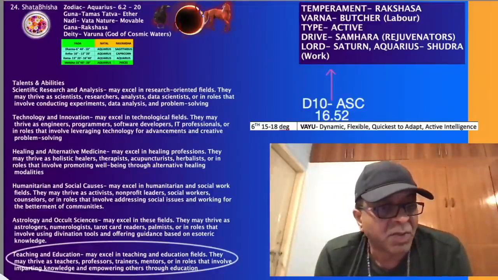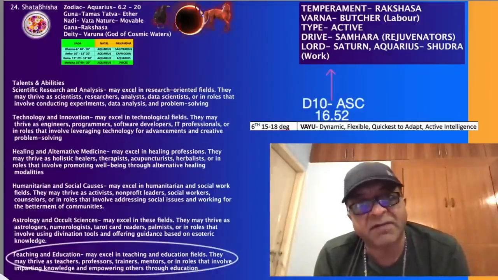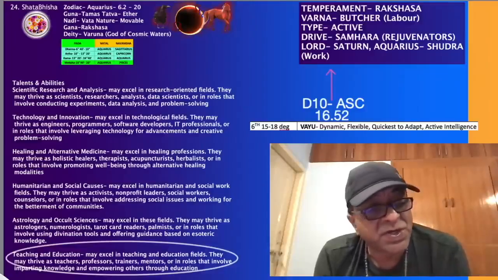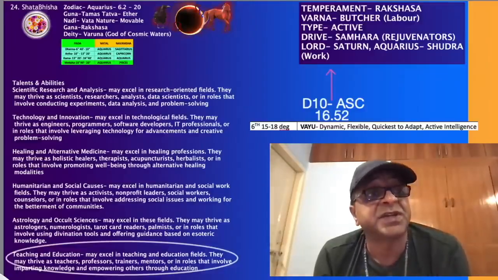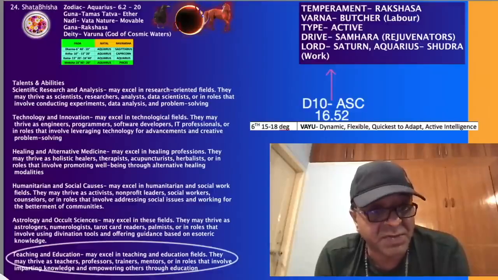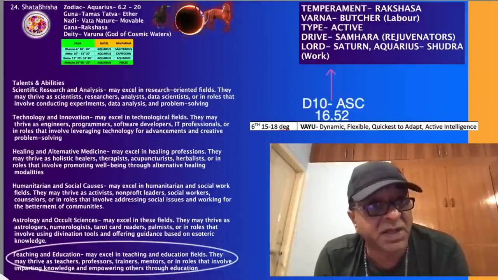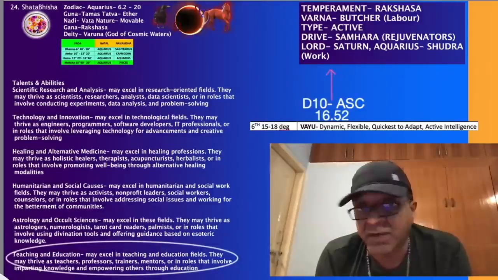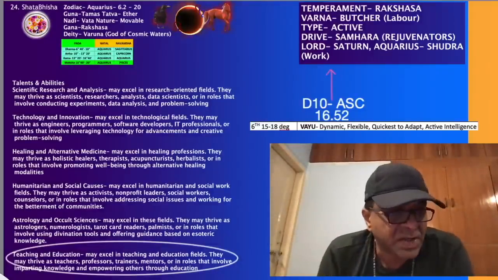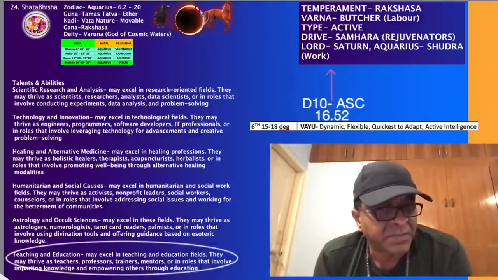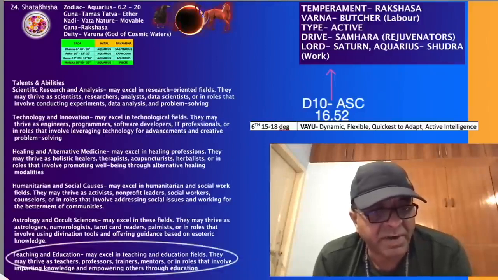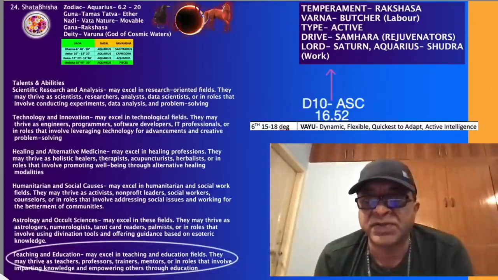I have circled the possible career angle here, right? Because it is Vayu, she can do well in teaching and education. In the listed possible career paths of Shatabhisha, teaching and education comes to my mind. If you think otherwise, you can leave your comments in the comment box. Teaching and education. They may thrive as teachers, professors, trainers, mentors, or in roles that involve imparting knowledge and empowering others through education.